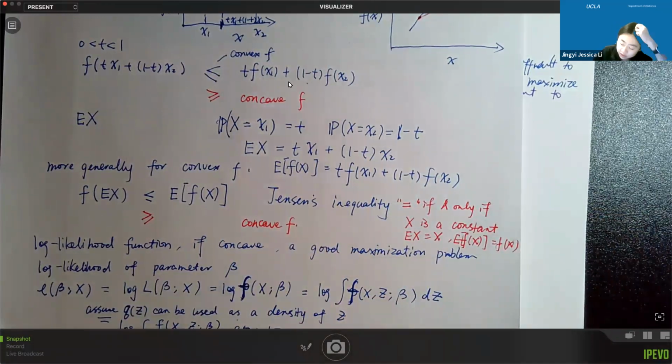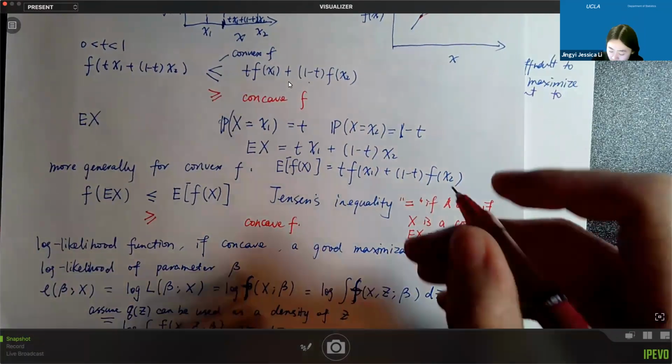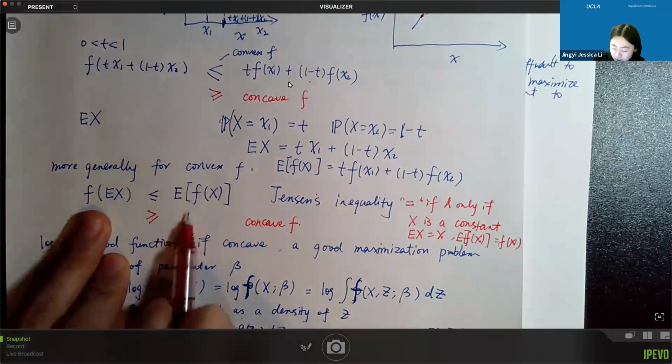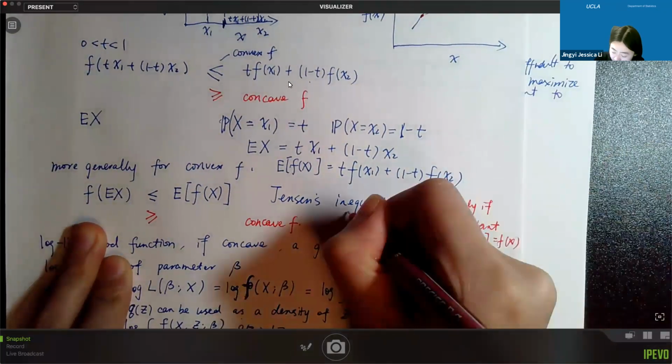So this is for the case when f is not linear, of course. If it's linear, then it holds for sure. So this is for strictly concave or strictly convex f.